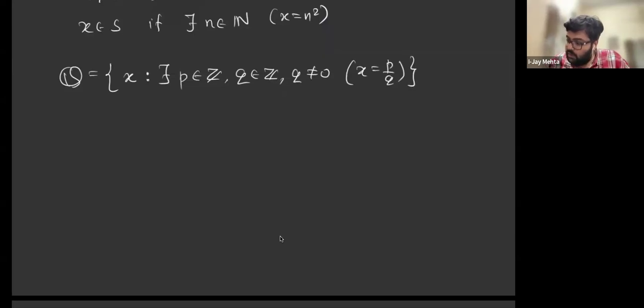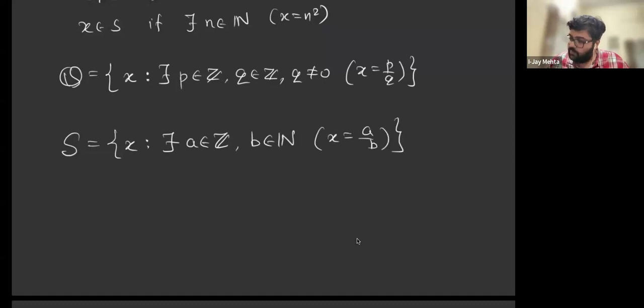And then we had another set S, where we use A and B to avoid confusion, just like yesterday. S is the set of x such that there exists an integer A and a natural number B such that x is of the form A by B. So our question was whether S equals Q or not.